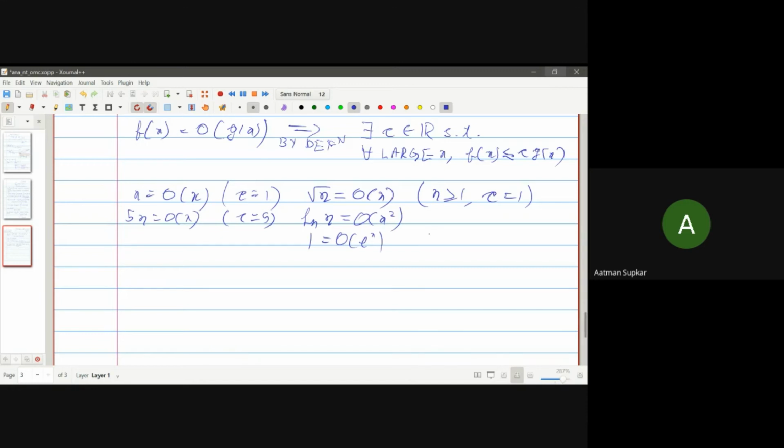What you cannot do is say log x equals O(1). No c exists, which does our job. So you need to be equal to the function up to a constant-ish size.